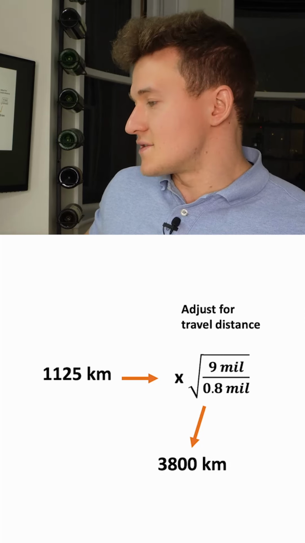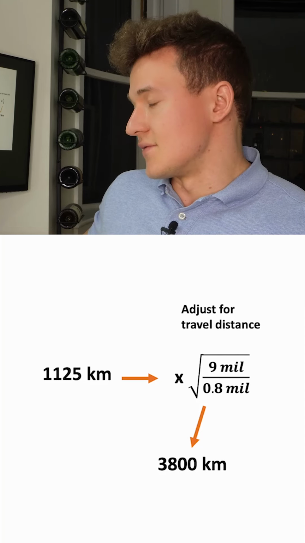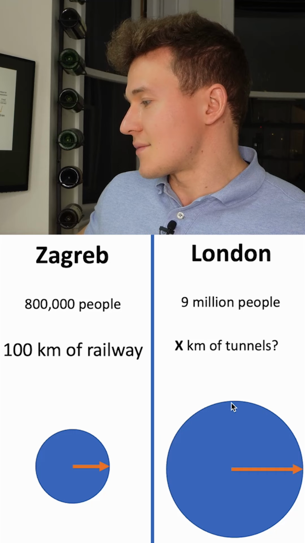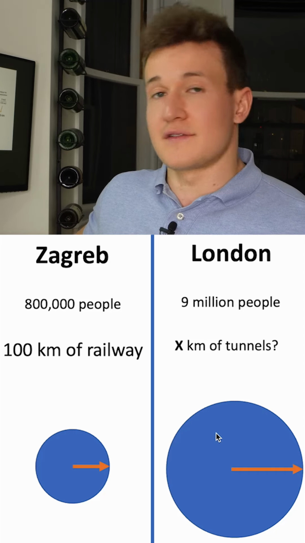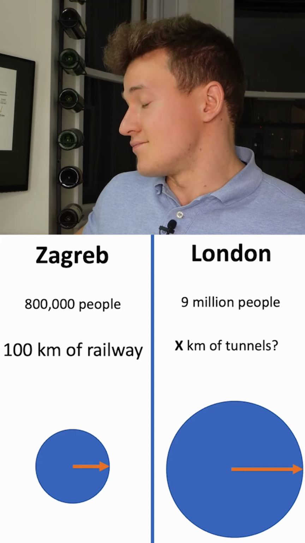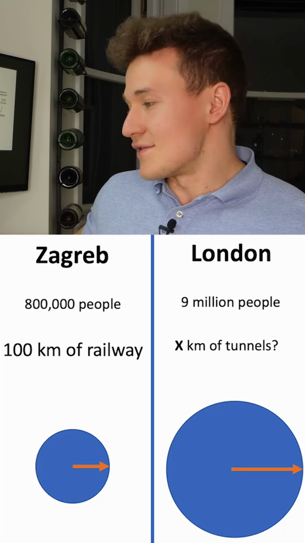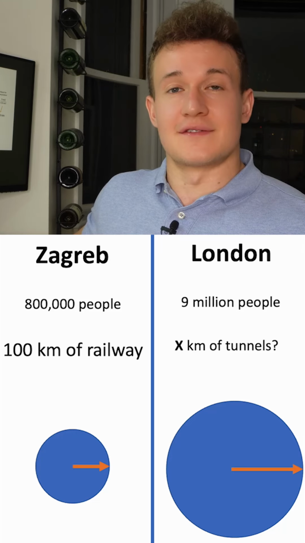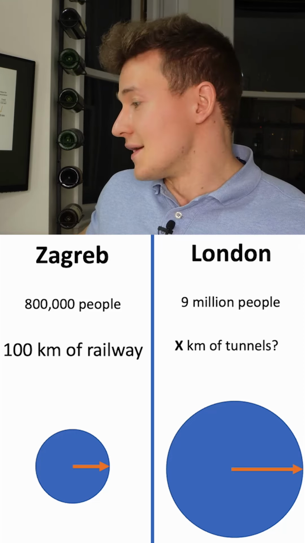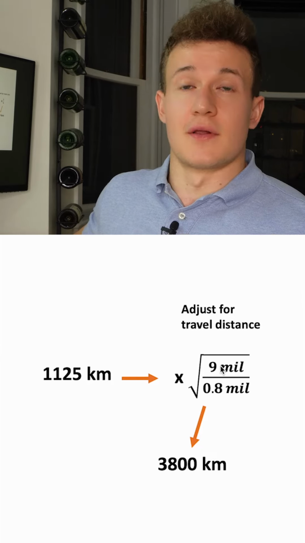Now, the next adjustment I would make is related to the size of the cities that I showed at the very beginning. My assumption is that the surface area of these circles, and I'm approximating both cities as circles here, the area is proportional to the population. So very simple, the area of a circle is radius squared times pi. My assumption is that this factor adjusts for the total travel distance.